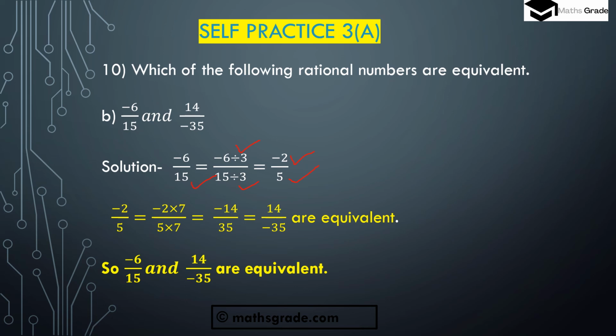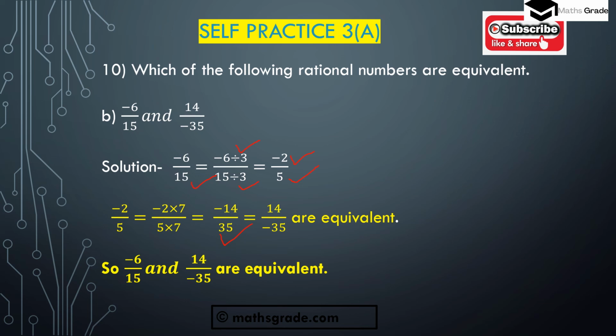Now we have numerator minus 2 and denominator 5. We know numerator minus 2 multiplied with 7 we get minus 14. So multiply the numerator minus 2 with 7 and the denominator 5 with 7. We get minus 2 multiplied with 7 is minus 14, and 5 multiplied with 7 we get 35.